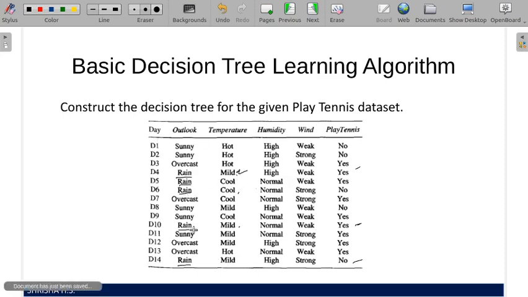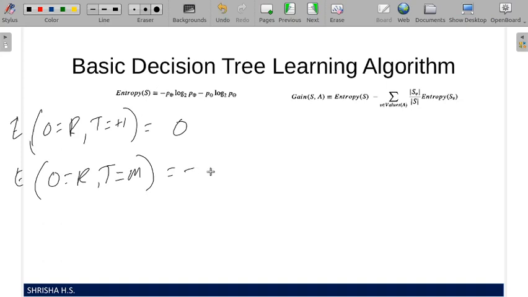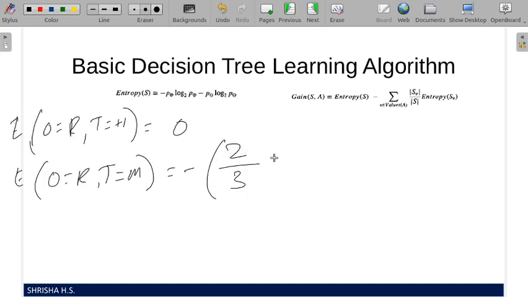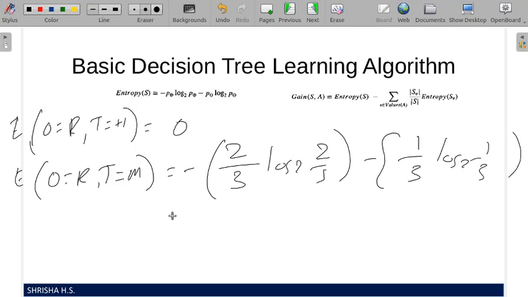So out of 3 rain and mild combinations, 2 are positive and 1 is negative. The number will be 0.918.